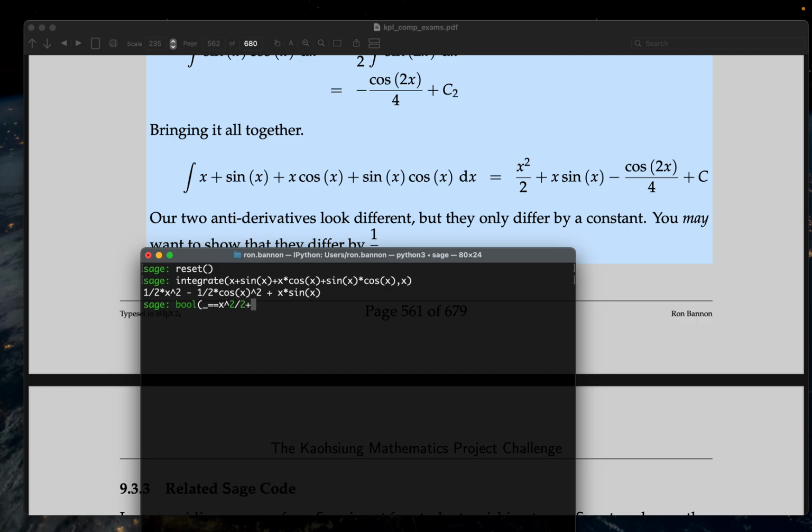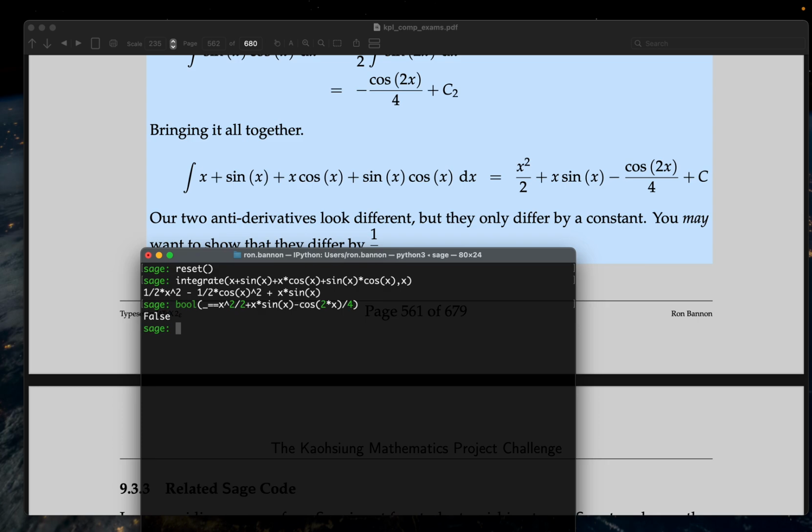And let's put this over here, x star sine of x minus the cosine of 2. It's not 2x, it's 2 star x. And that's divided by 4, all right? Now granted, you might be surprised that this is not true because they may differ by a constant, all right?